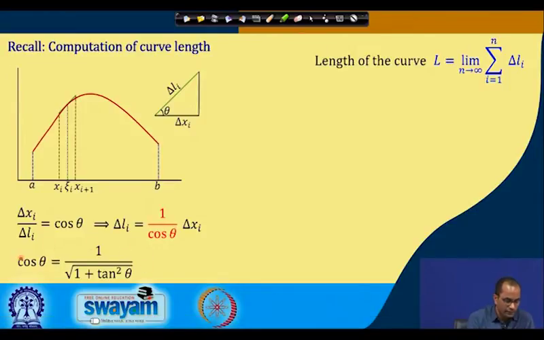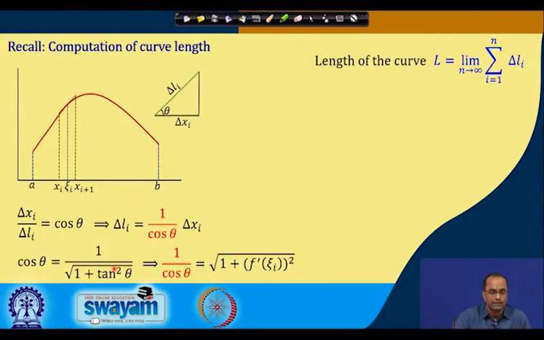So, from the equality cos theta equals 1 over the square root of 1 plus tan squared theta, if we invert it, we get 1 over cos theta equal to the square root of 1 plus tan squared theta. Theta is the angle which the tangent makes with the x axis, so tan theta is the geometrical interpretation of the first derivative.